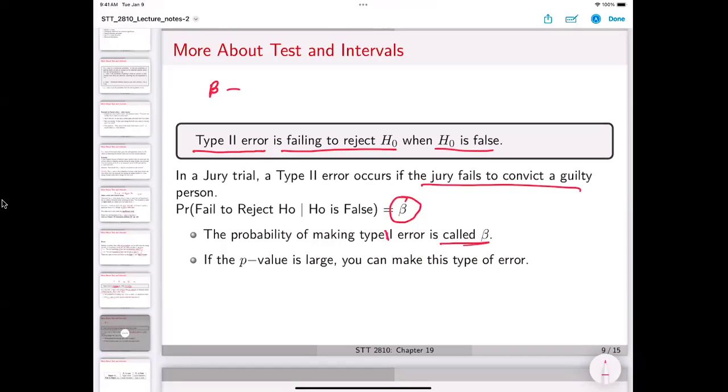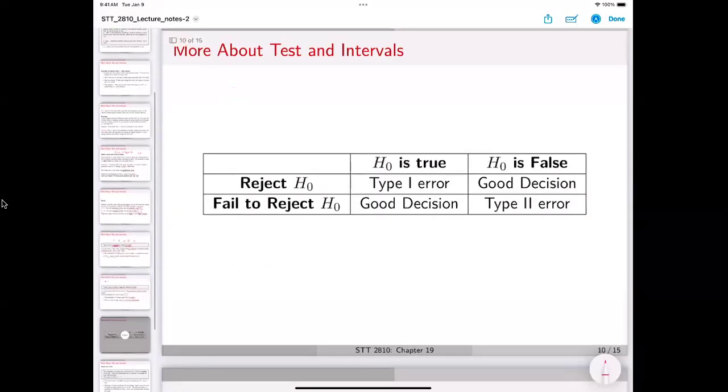And then type 2 error occurs if the p-value is large. If the p-value is large, it means we are going to fail to reject that. And so we can make this type of error. So I decided to also provide a table here. So these are the decisions. If H naught is true, and then we reject the null hypothesis, it means we have committed a type 1 error.